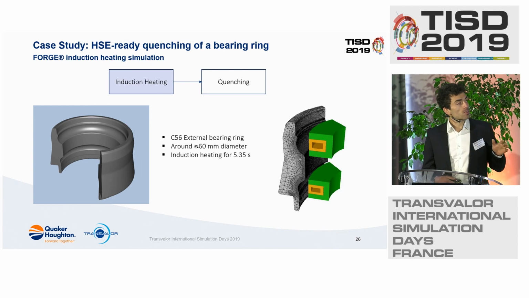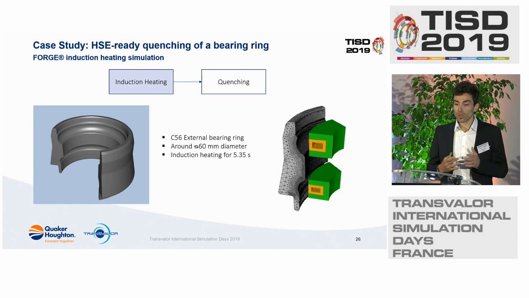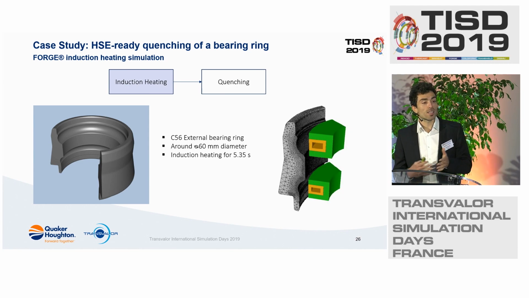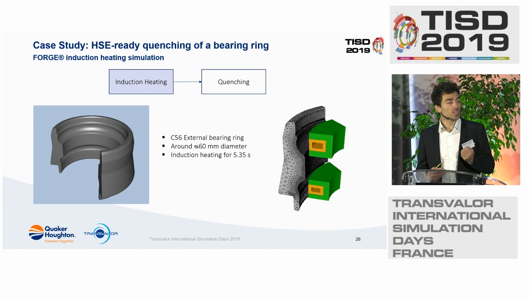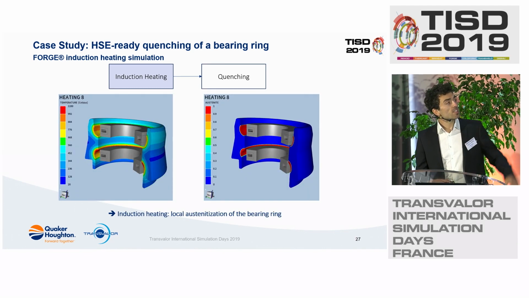So first of all, this study is a proof of concept, and we decided here to go for local induction heating before the quenching simulation. So briefly, we can see the heating part.